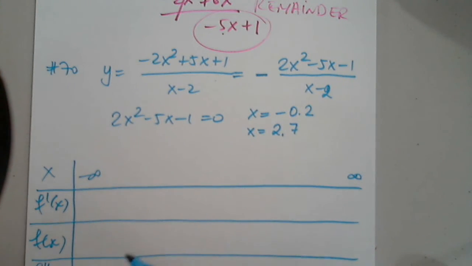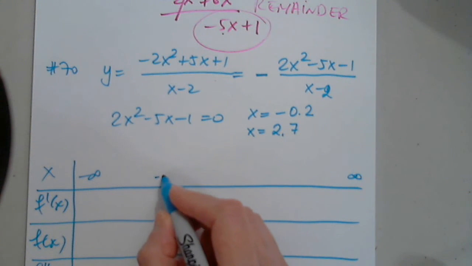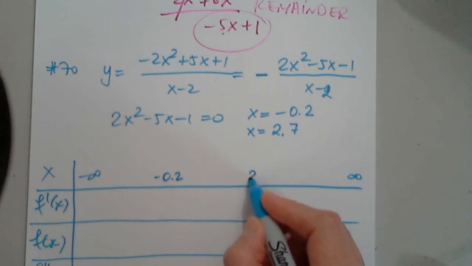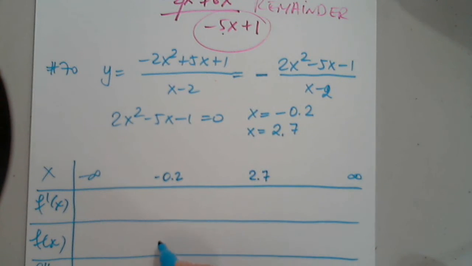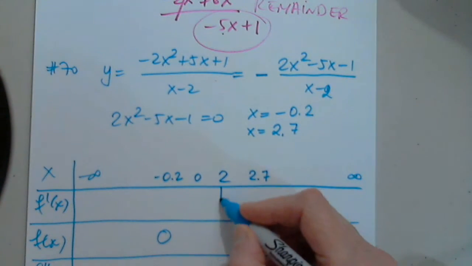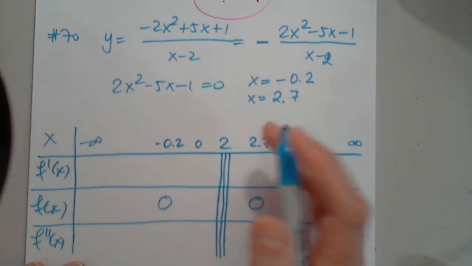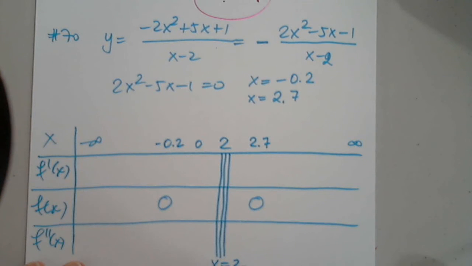Can anyone give us the domain of this function? Negative infinity to 2. Excellent, thank you. So obviously x equals 2 must be a VA.